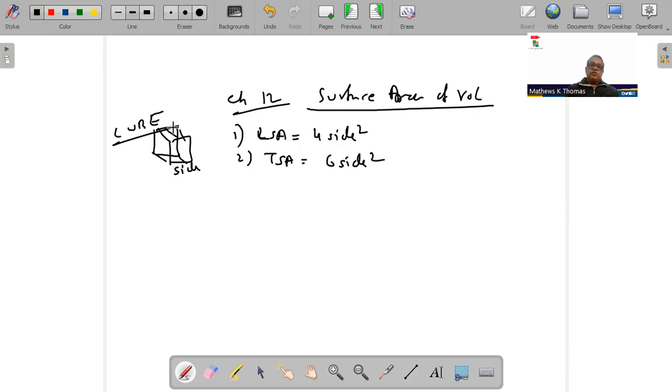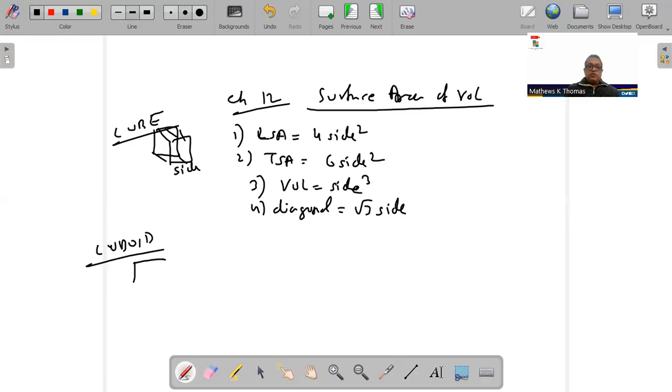Third is volume, which is side cube. And the diagonal of a cube is root 3 side. So we have 4 formulas for cube.